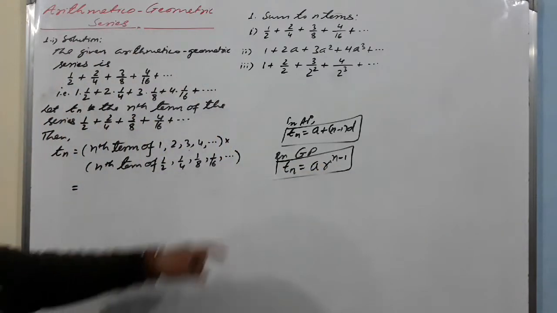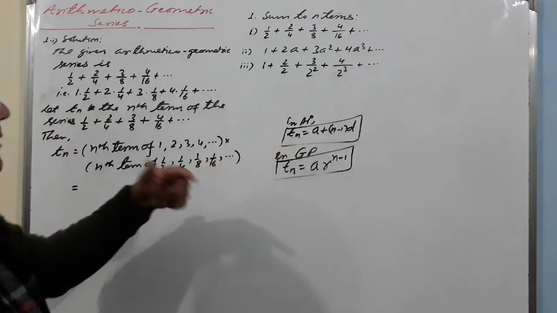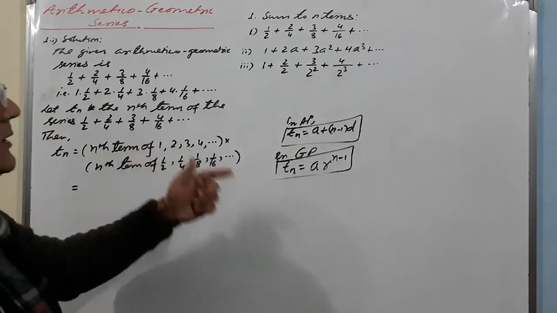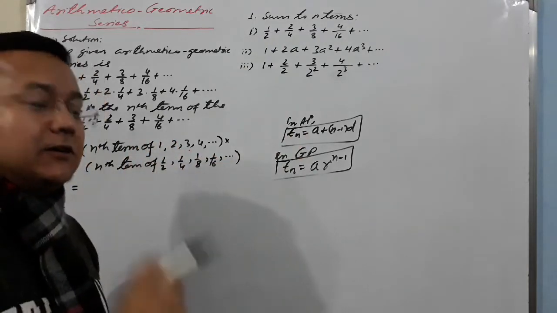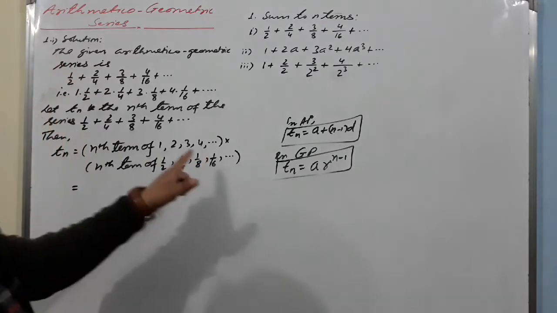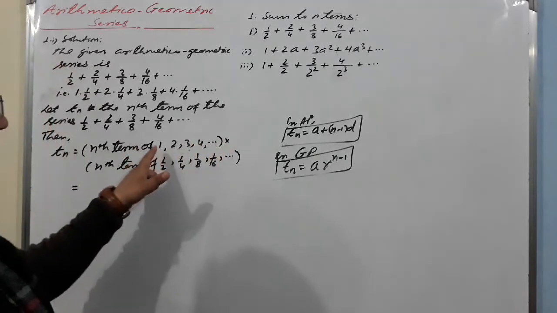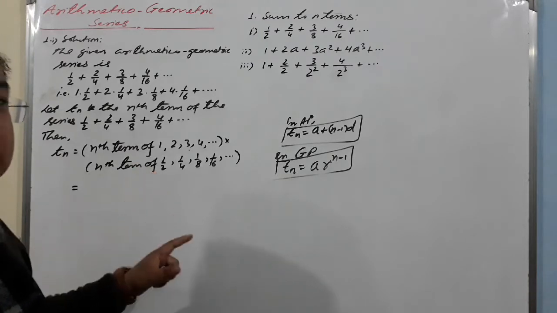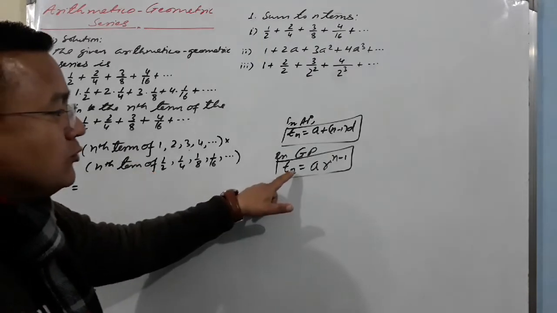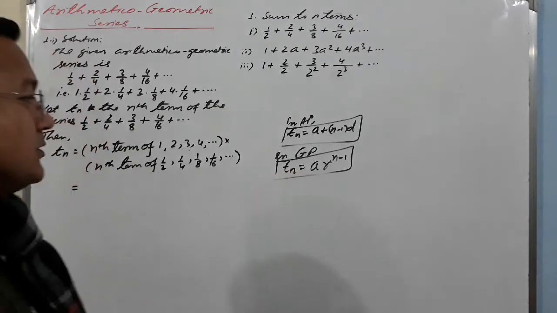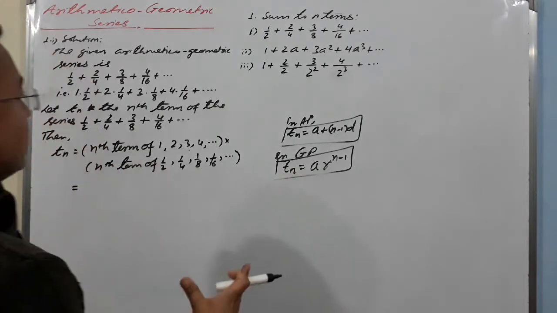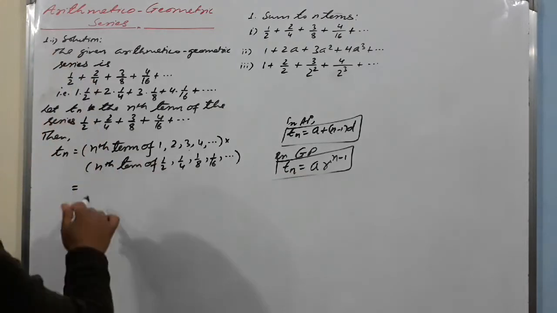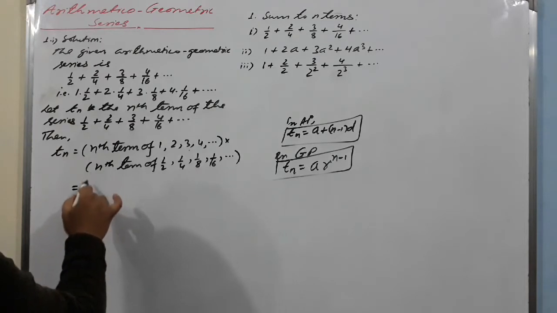So you can use these two formulas. Whatever numbers you have in AP, it doesn't matter, you can find the nth term very easily. And if you have a sequence in GP, you can find it using this formula. No panic, you can find it very easily. So let's move to the next line.